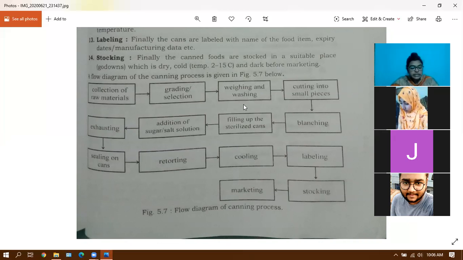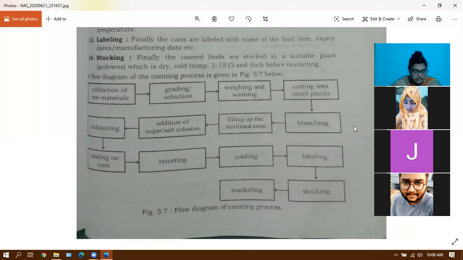Food items which are to be canned are washed well in pure water to remove dirty particles. Next, cutting into small pieces. The washed food items are cut into many different small pieces.